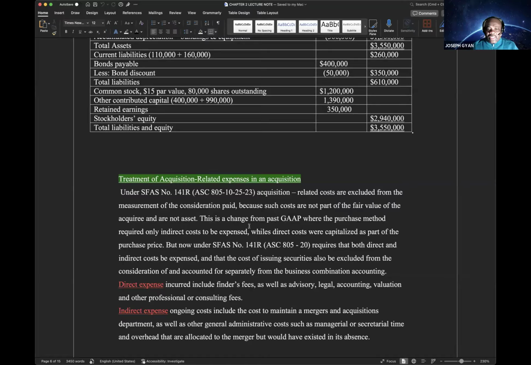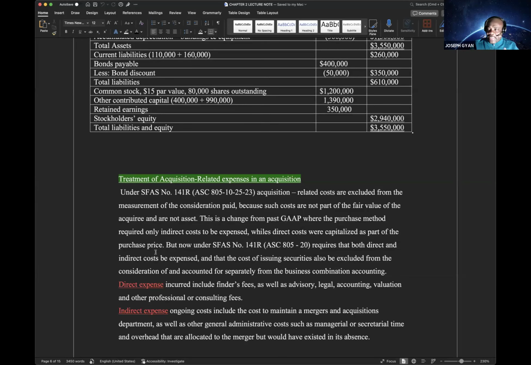So this is a change from the past GAAP, where the purchase method required only the indirect cost to be expensed. Now both the indirect cost and direct cost should be expensed, while the direct costs were capitalized as part of the purchase price. Now you cannot include it. Before, you had to separate them.